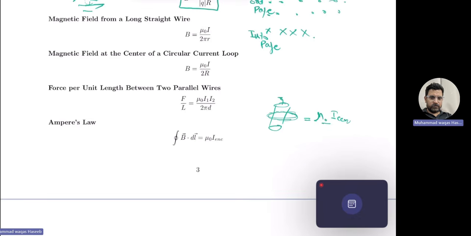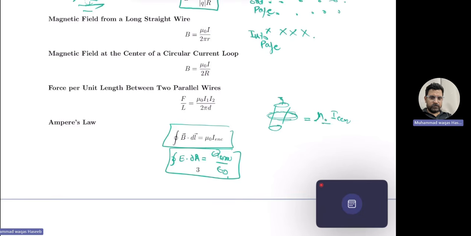If you remember, we have Gauss's law, which says the charge enclosed divided by epsilon. So these are two of the most important equations for you now.